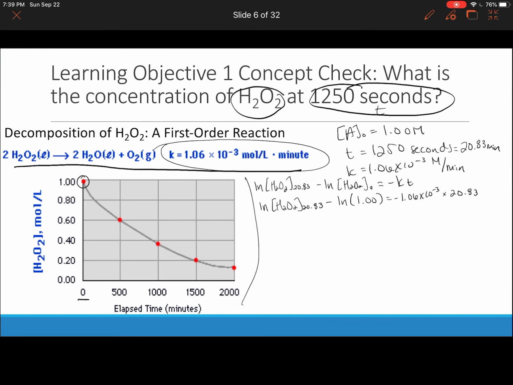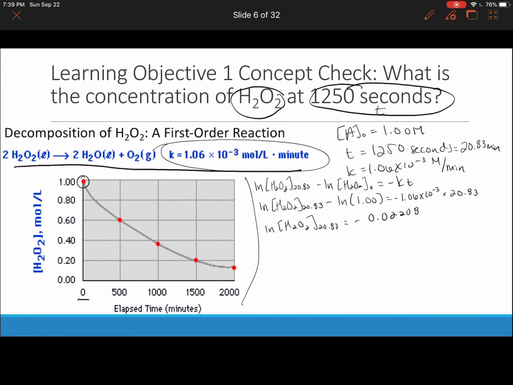So when we solve for the right side of our equation, we're going to get ln H2O2 at 20.83 is equal to negative 0.02208.